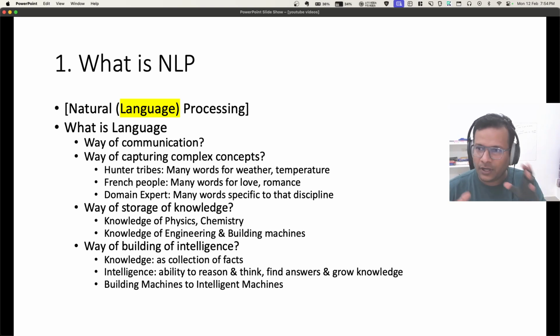And if you take a look at how language captures knowledge and how that knowledge has led to our civilization, that is what language is. Imagine the language of gods. Imagine the language of super advanced aliens. How much knowledge they have, how much intelligence they have. Language is a means of that intelligence, and that's why it is amazing.